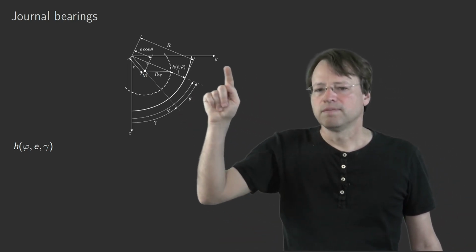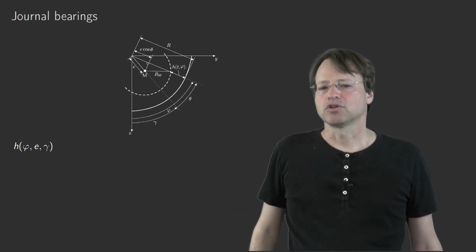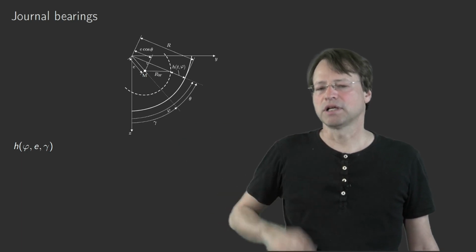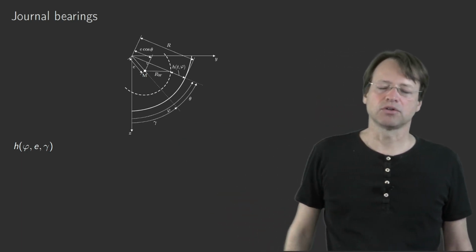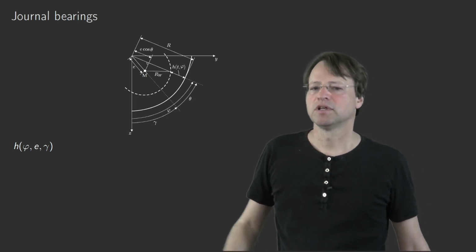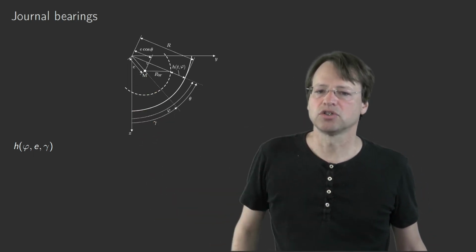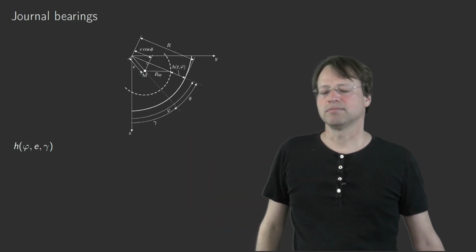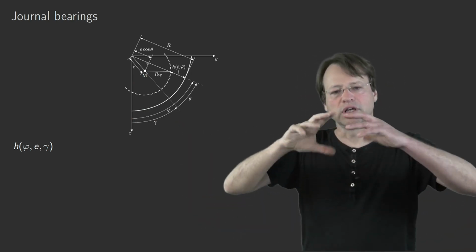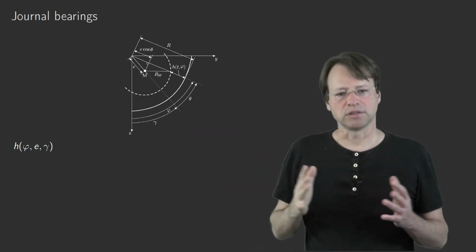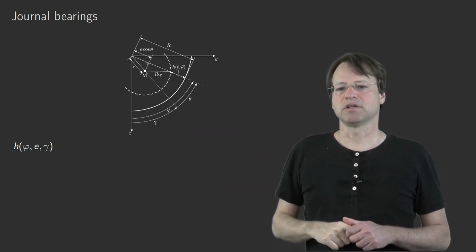In total, the lubrication gap depends on time and on phi, not on phi alone, but it depends on time. Why does it depend on time? Because the displacements of the shaft, namely that e is a function of time, and the gamma is also a function of time, because as the shaft rotates, maybe the center of the shaft also displaces. So these are time-dependent functions.